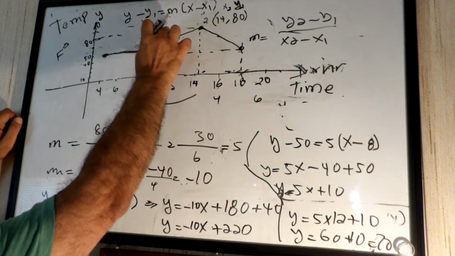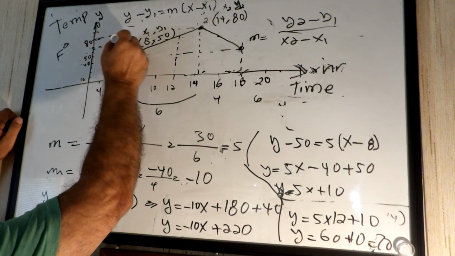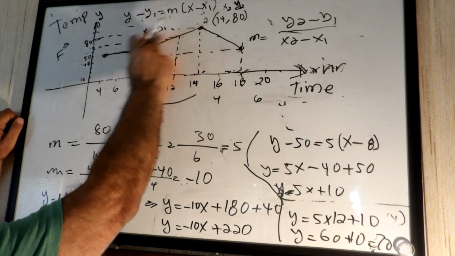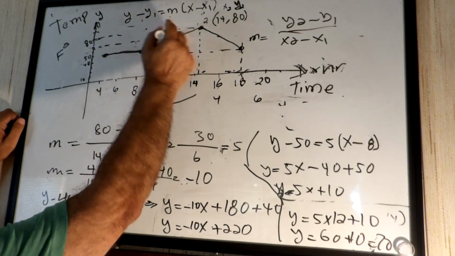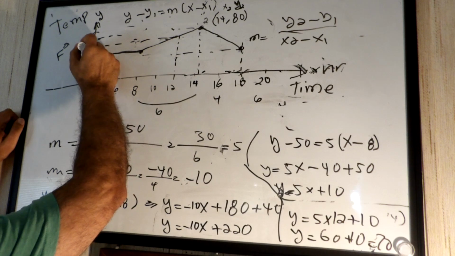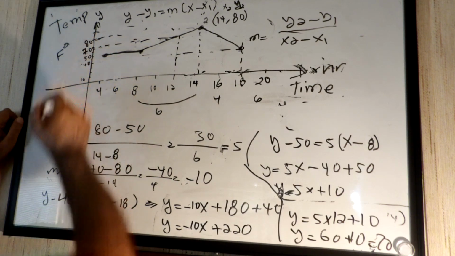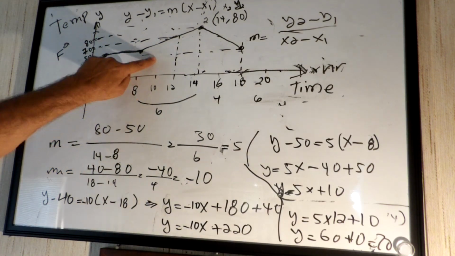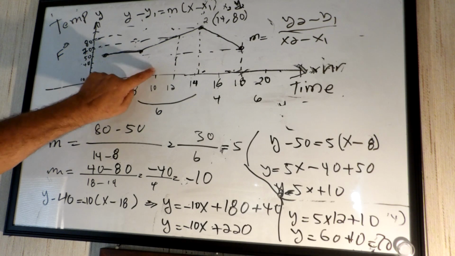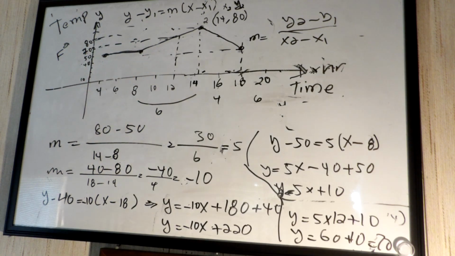So if it's right there, this is going to be here. Okay, this is going to be 70. Probably if you get 10 here, it's going to be 60. See, this is a linear equation.